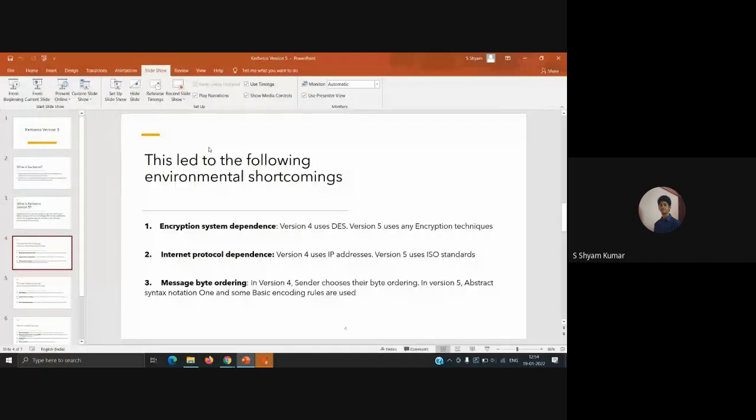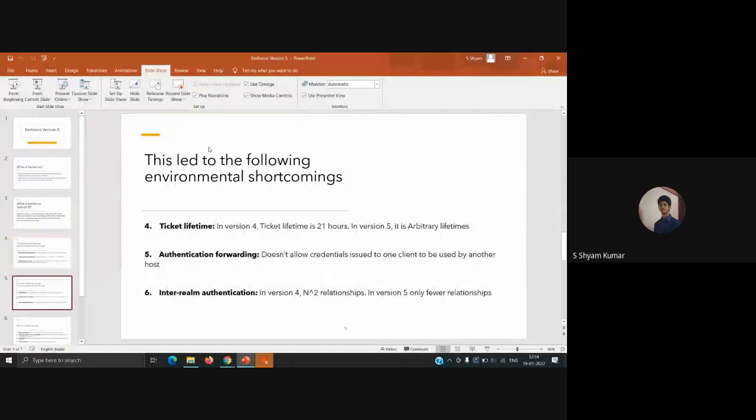Next one is ticket lifetime. In version 4, ticket lifetime is just 21 hours, and in version 5 it is an arbitrary lifetime. Fifth one is authentication forwarding. This shortcoming in version 4 doesn't allow any credentials issued to one client to be used by another host or client.